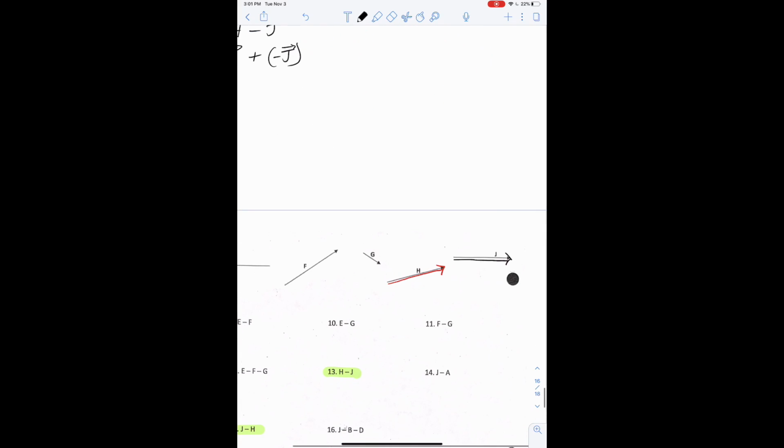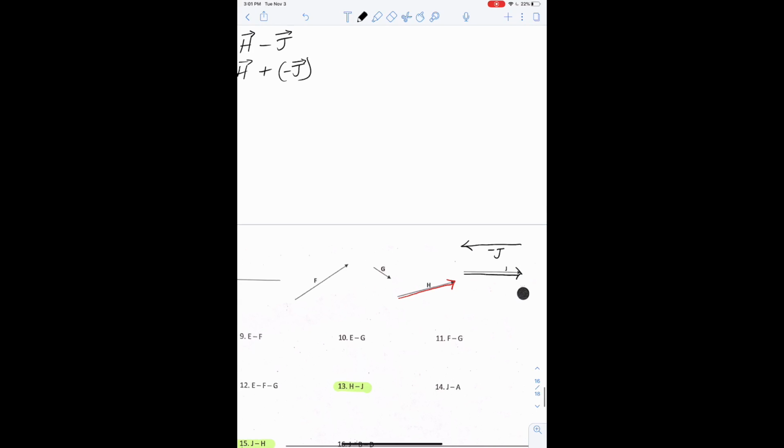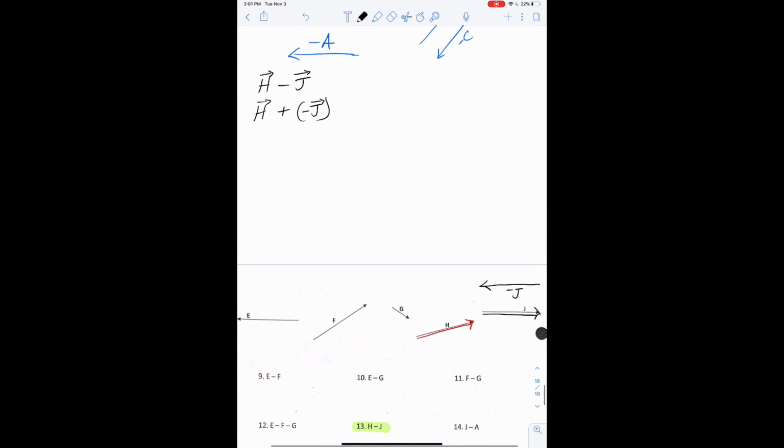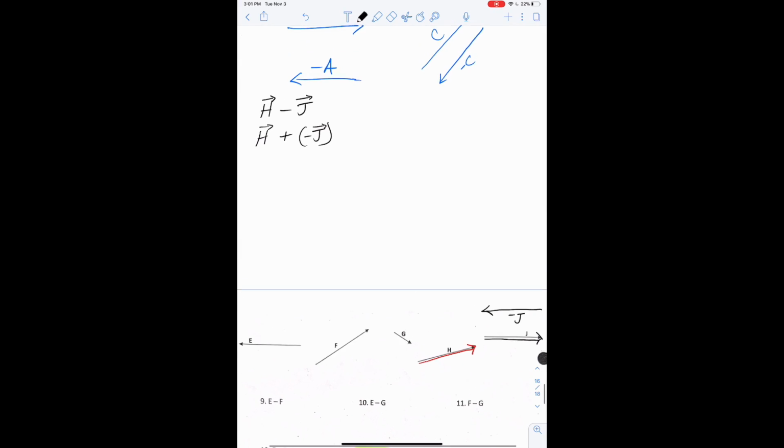Down here, we can see J points like this. Then this right here, pointed in this direction, the same parallel vector pointed in the other direction, would be negative J. So if we add H to negative J, that is the same as H minus J. So these two are equal, H minus J and H plus negative J.